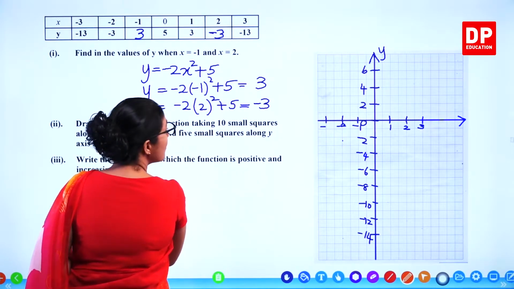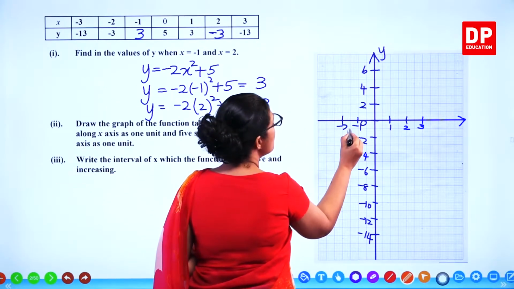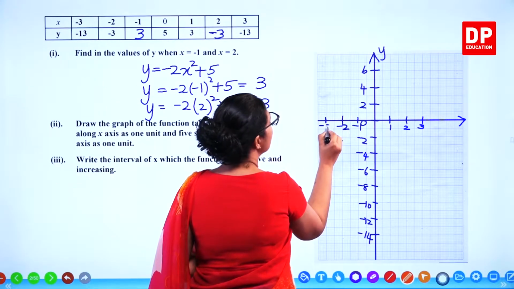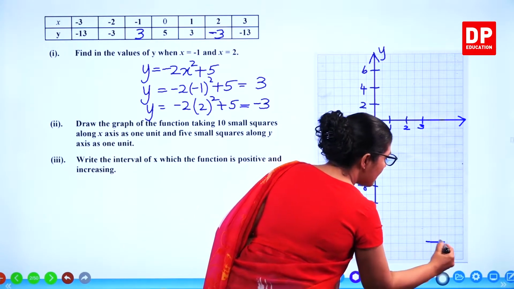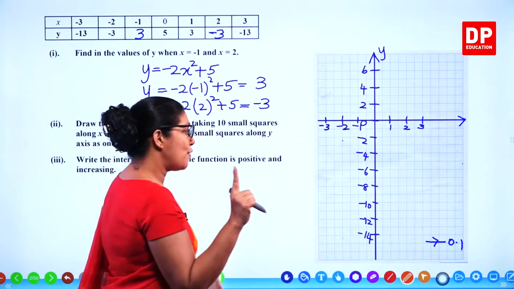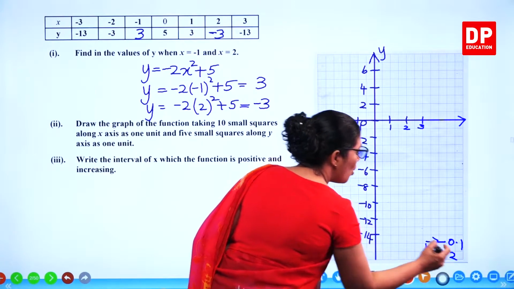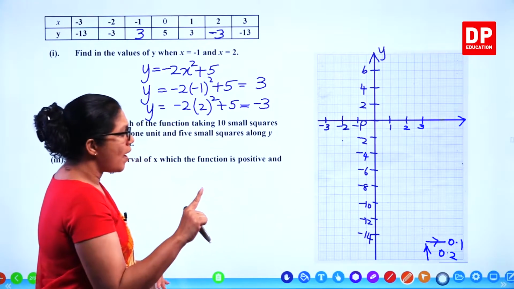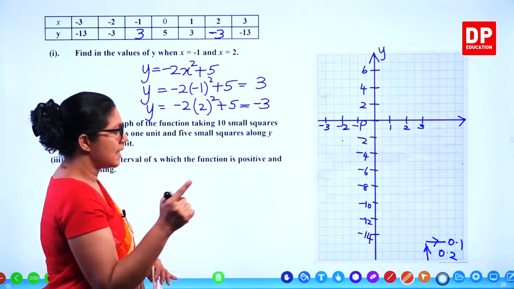Now you have to write down the scale. This way, 10 squares is 1 unit, that's 0.1. But the other way around, 5 squares is 1 unit, 10 squares is 2 units, so that's 0.2.